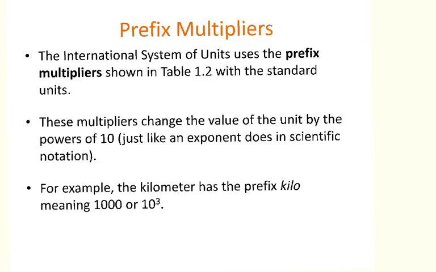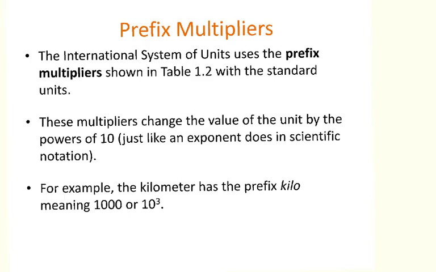Alright, so in addition to you knowing the SI units, you need to be familiar with the prefix multipliers. And remember, the prefix multipliers are just words that indicate the power that something is raised to, or the amount.